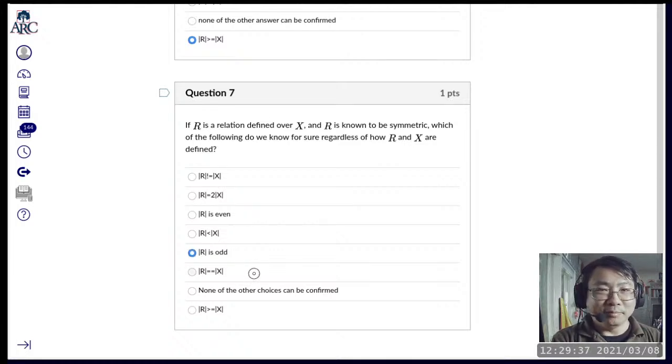They are the same? No, because I can have a barely reflexive relation and then subtract one of the elements. It will still be symmetric, but the cardinality won't be equal anymore.